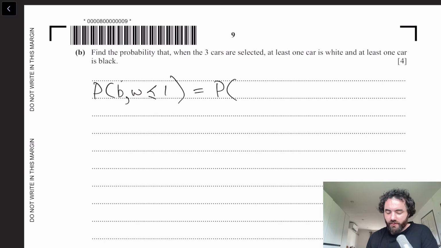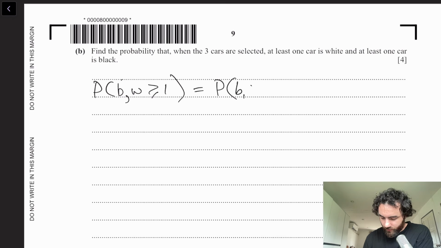No, so it's greater. All right. Okay, so how can this happen? So we can select a black one, a white one, and a silver one.